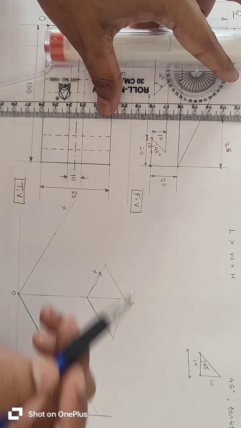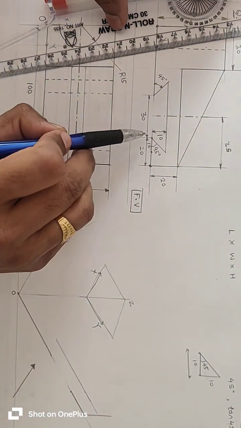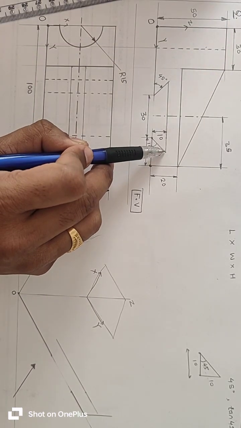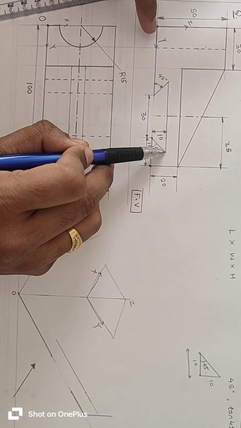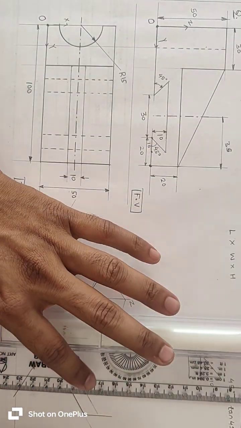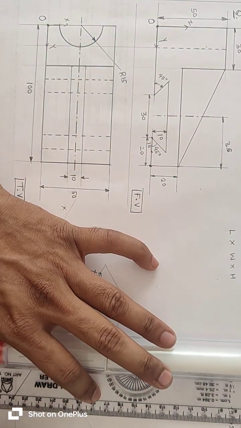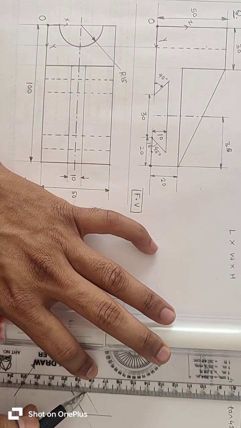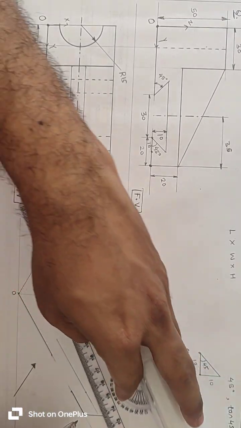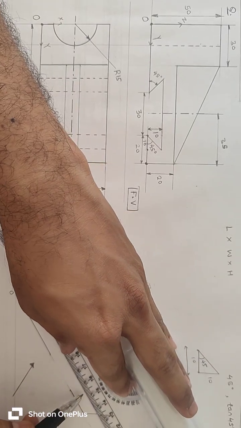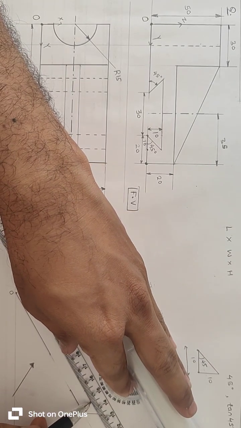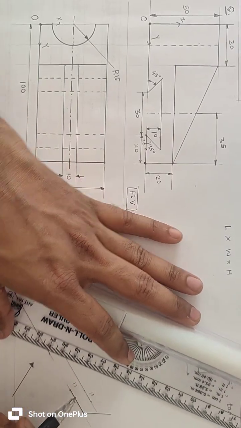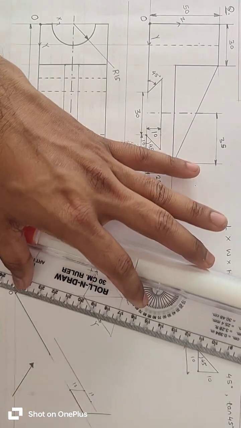So 10 mm upward and 10 mm on the right side, that is away from O, we have to mark a point. On this line we will mark this point and connect this point. Okay, see, this is 10 and this is 10, right?